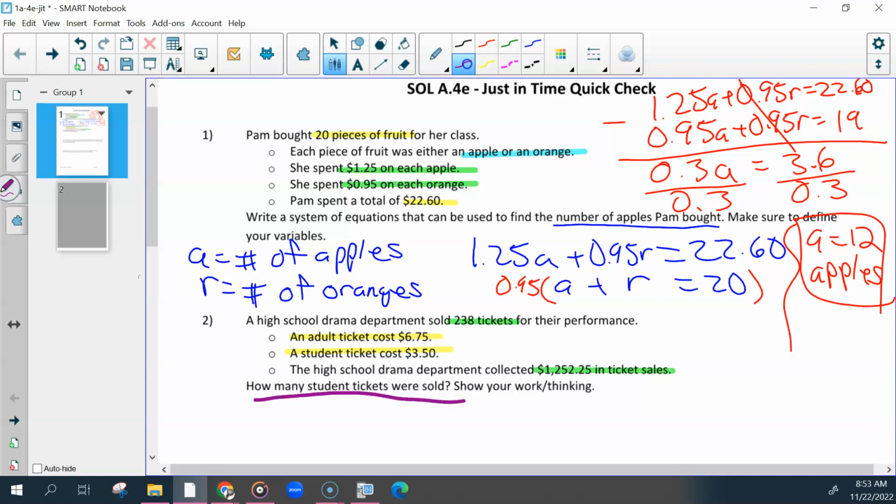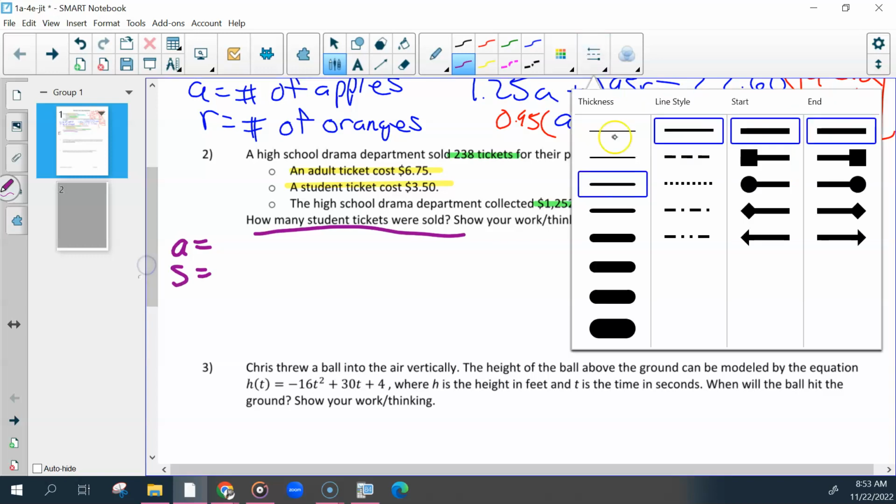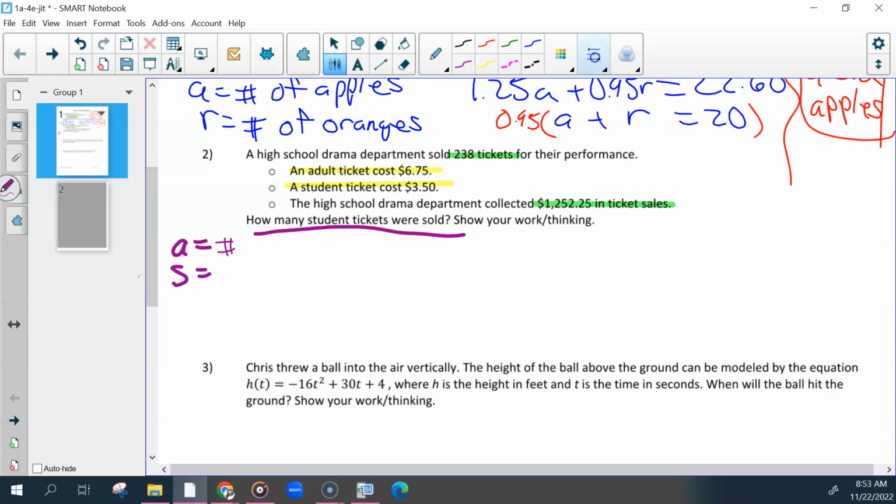So again, start off by defining your variables. We don't know number of tickets sold, so that's going to help us define our variable. Let's call that A and S. Then, again, money goes with money, so we know that these are our two totals.